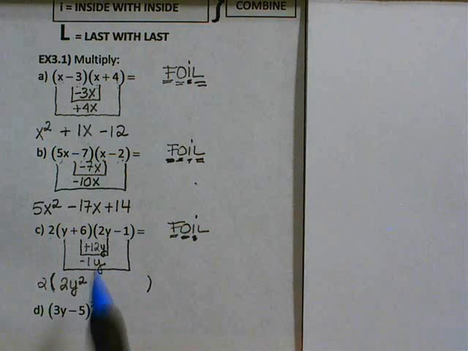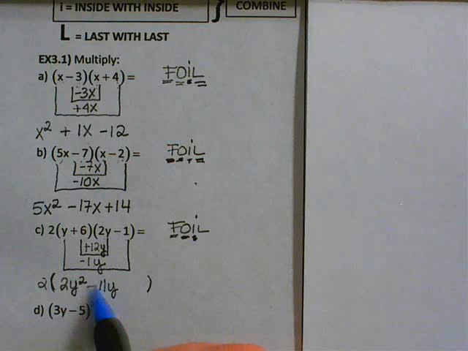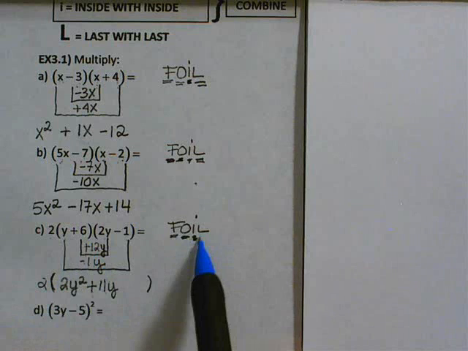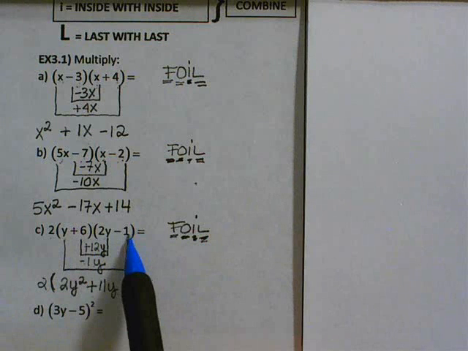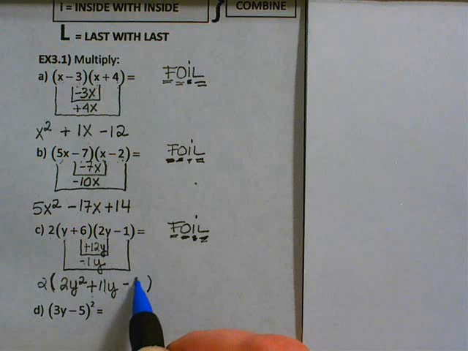Once I have these two numbers, I combine them, so I get 11y, positive. Signs are different, you subtract, got 11. Sign of the biggest is positive. Okay, now I do the last, the L. Last times last will be 6 times negative 1 is negative 6.